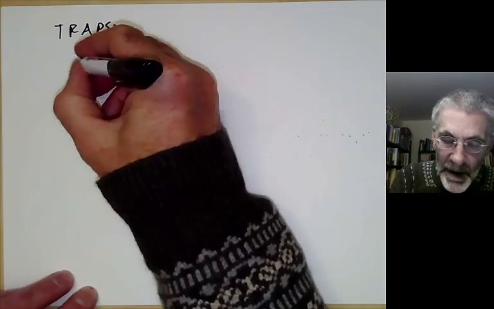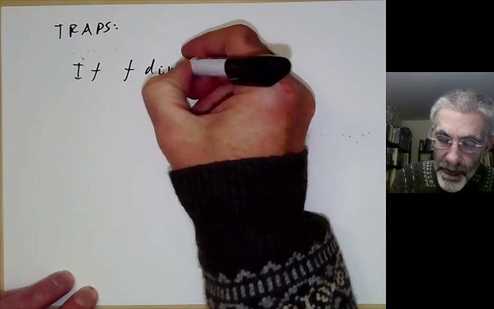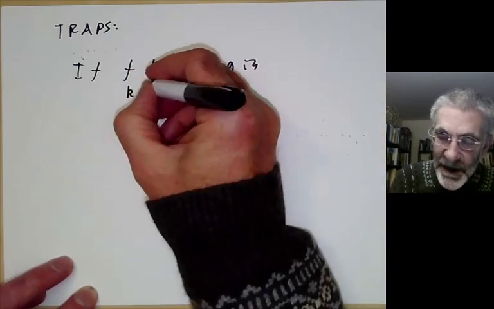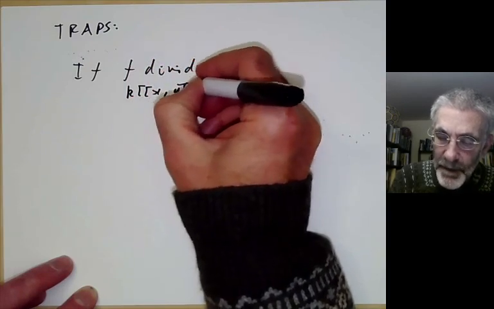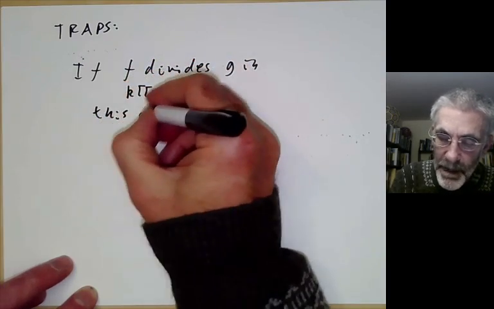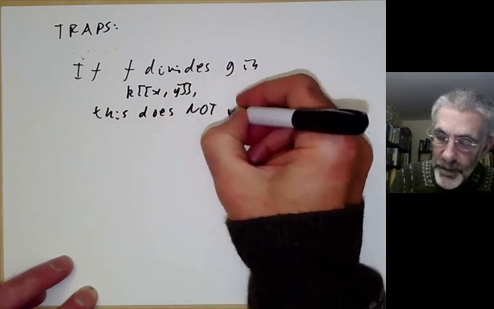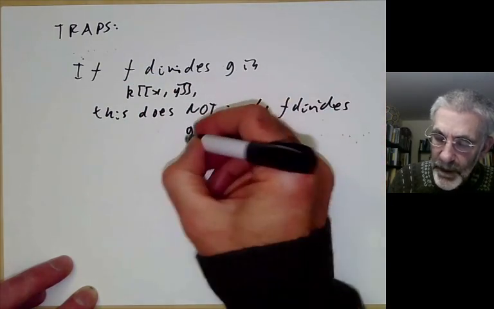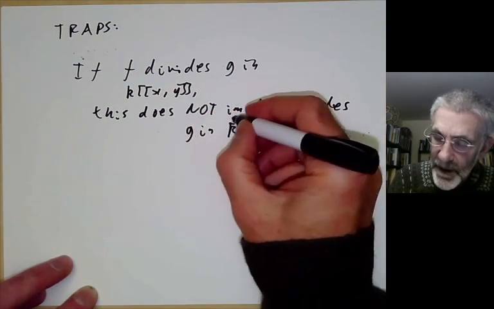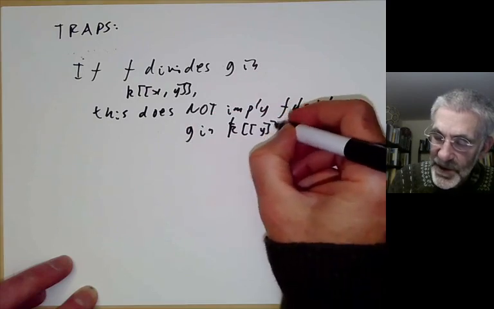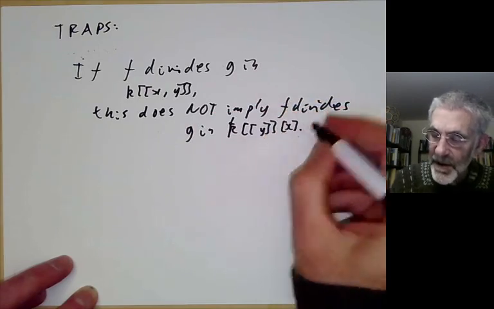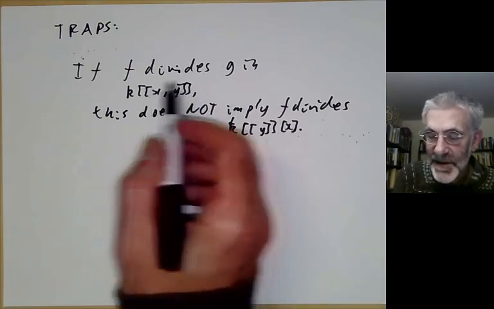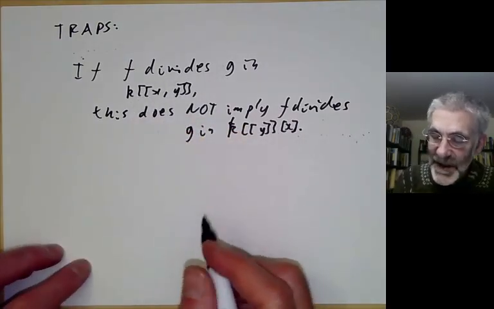First of all, if f divides g in a power series ring K[[X,Y]], this does not imply that f divides g in the ring where we just use polynomials in X. So although f divides g in this ring implies it does in that ring, the converse doesn't hold, and that's very easy to see.